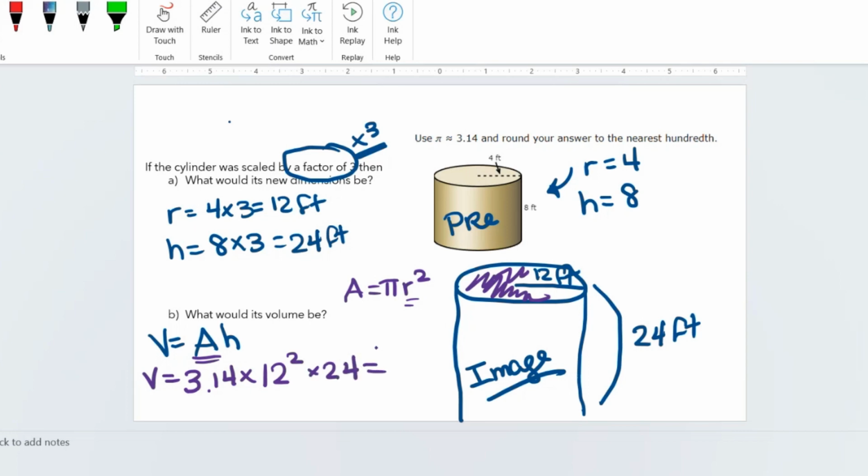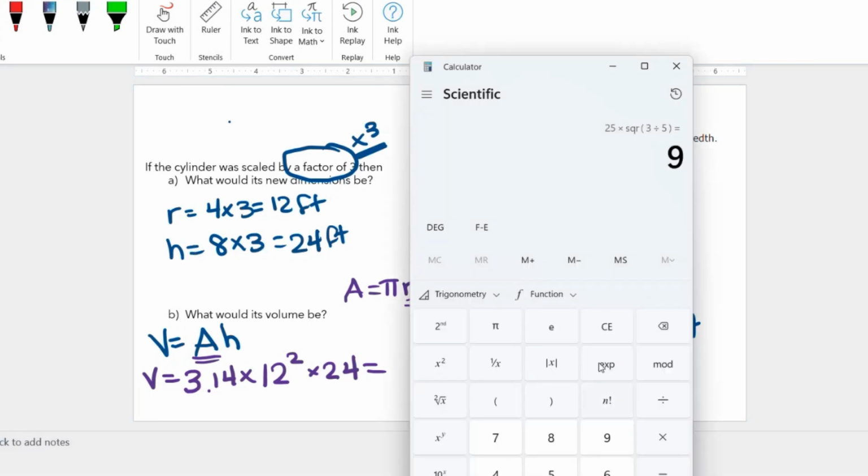If I do that on my calculator, let me clear it out: 3.14 times 12. When we square things, we hit this little button where it has the x to the second, times 24.